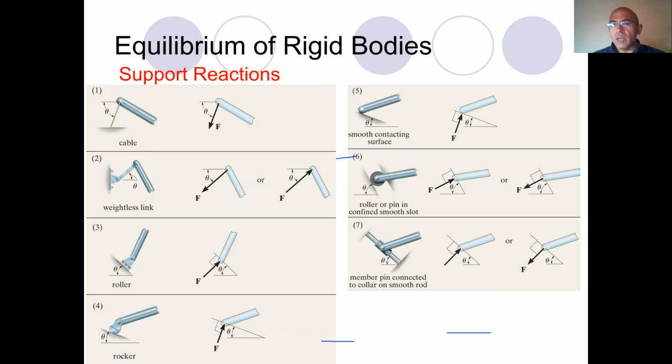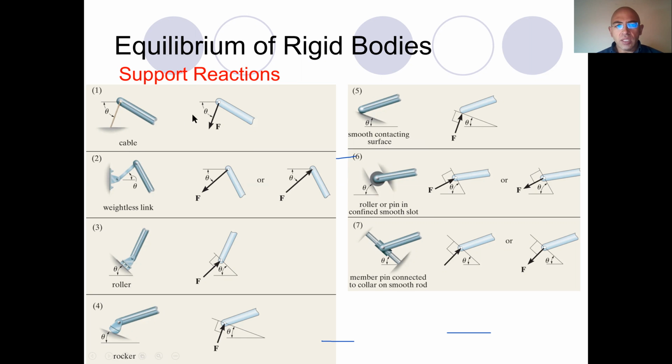Certainly, we have different types of joints. These objects are connected to somewhere or in contact with some places. We have different types of connections. In fact, we have some reaction forces or reactions in general, not only the forces, but also the moments, coming from these supports. For example, we have cables.